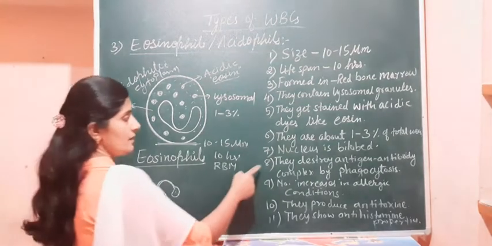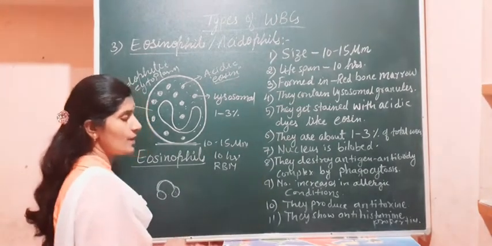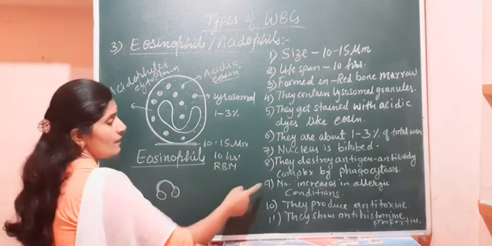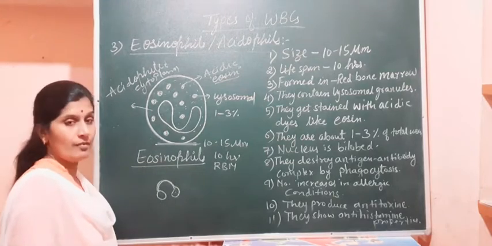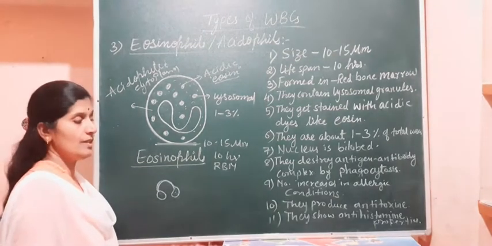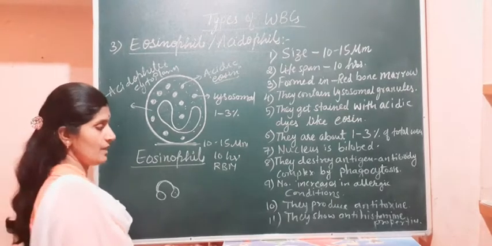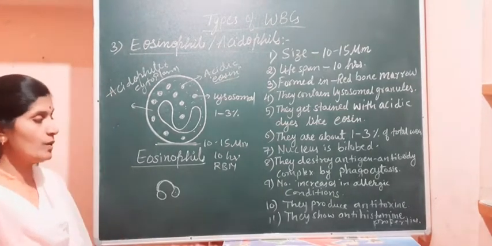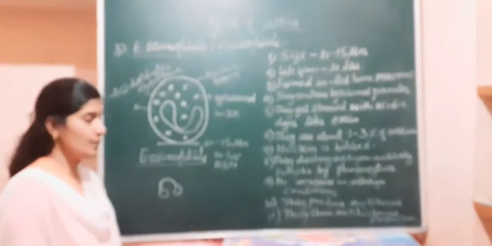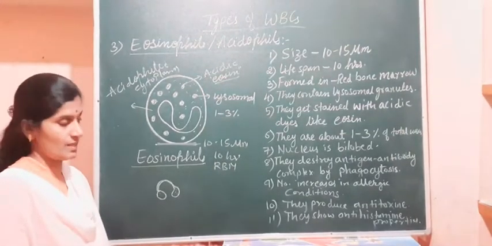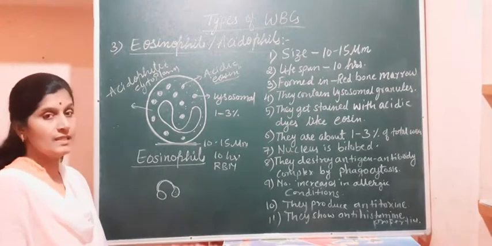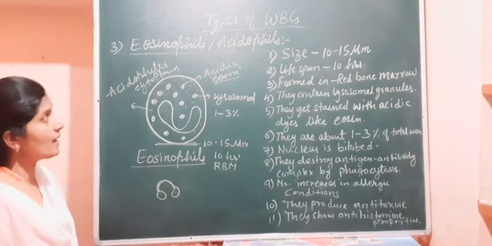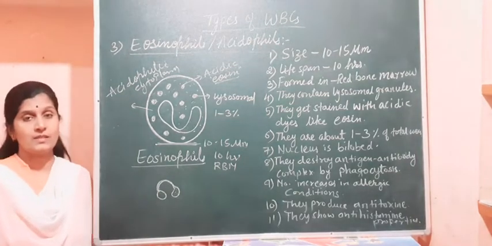They destroy the antigen-antibody complex by phagocytosis, and their number increases during allergic conditions. They show antihistamine properties and are also responsible for detoxification as they produce antitoxins. If the number increases, the disease is called eosinophilia. This is regarding the acidophils.